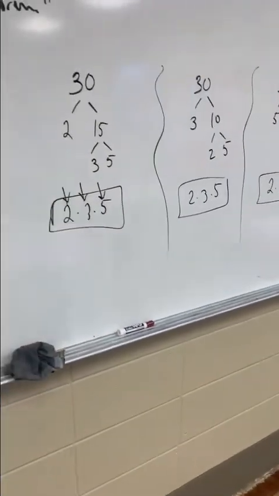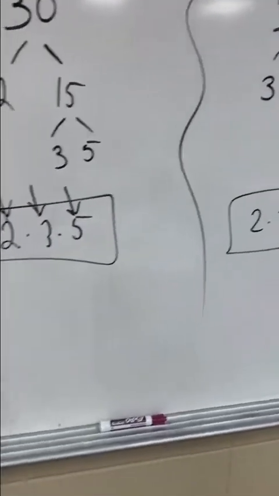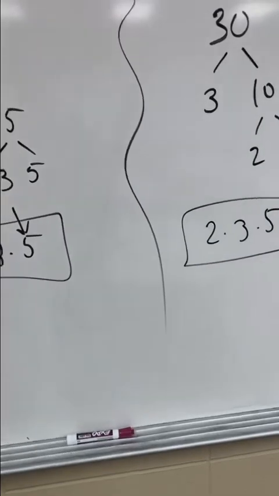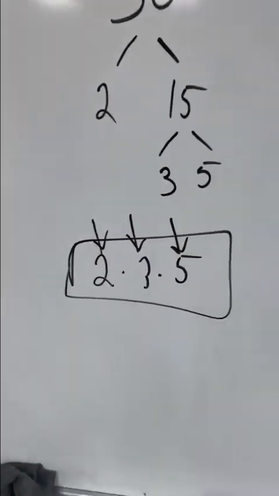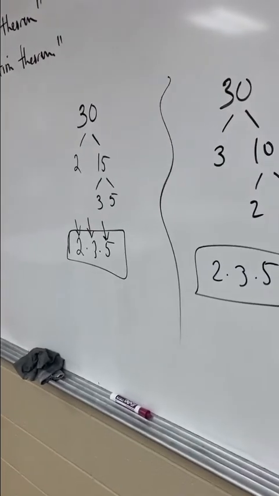Now, I learned how to do one of these types of trees way back in the 3rd grade, somewhere around there. Didn't really understand why that was important until more recently. So I think I did a series on fractions.